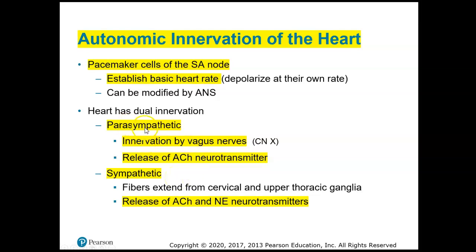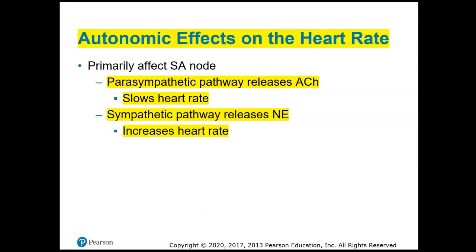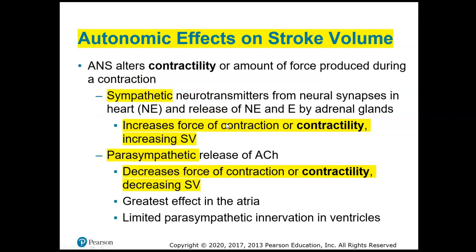The parasympathetic stimulation comes from the vagus nerve, which is cranial nerve 10, and the neurotransmitter involved is acetylcholine. Sympathetic stimulation comes from various nerves, and the neurotransmitters would be norepinephrine and acetylcholine, both. Again, the parasympathetic pathway slows the heart rate, and the sympathetic pathway increases the heart rate.